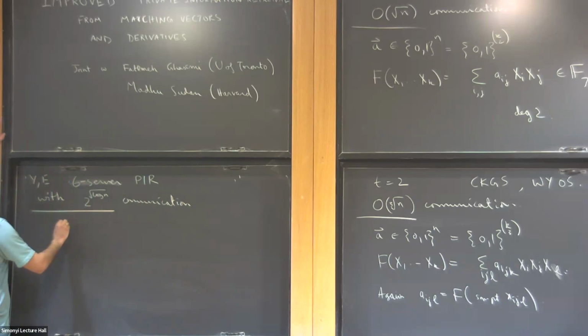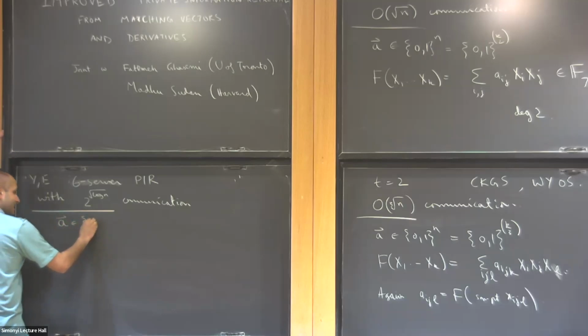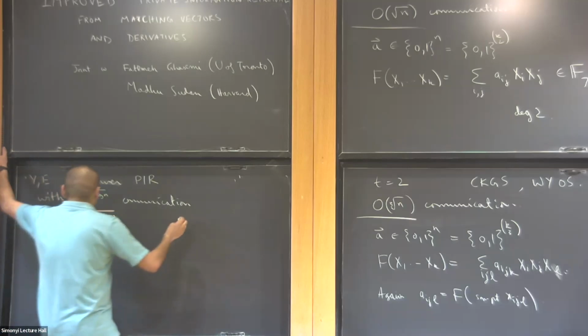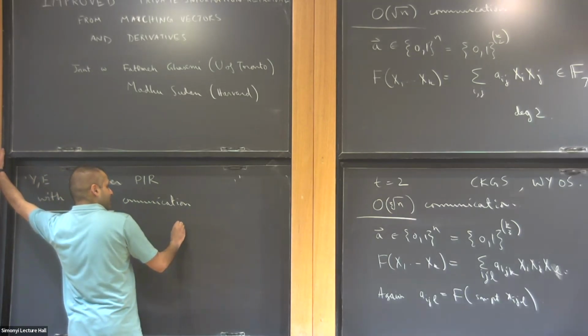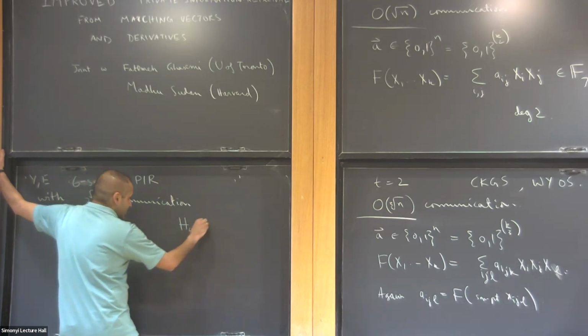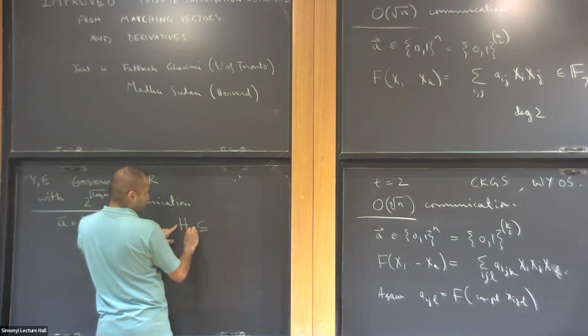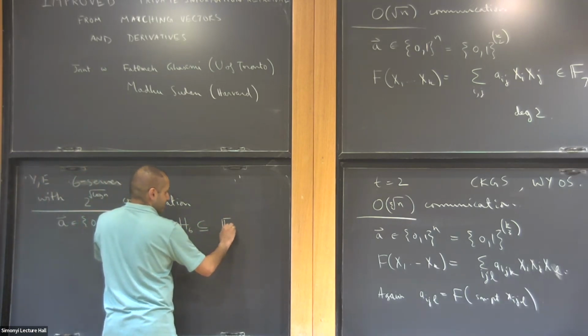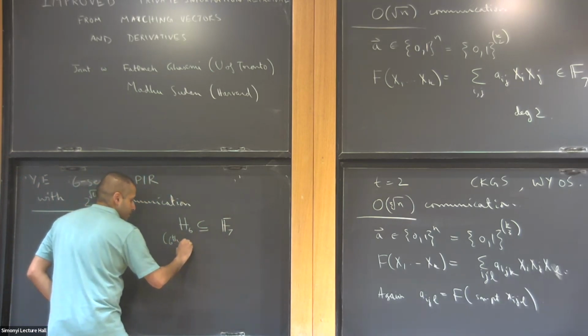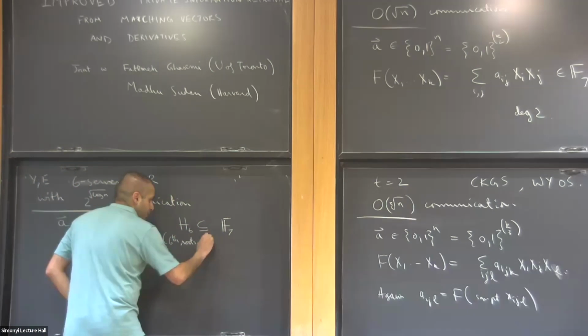So we have A, which is in {0,1}^n. Oh, I need some more setup. Yes. I have H6 sitting inside F7. This is the 6th roots of unity, the 6 roots of 1.